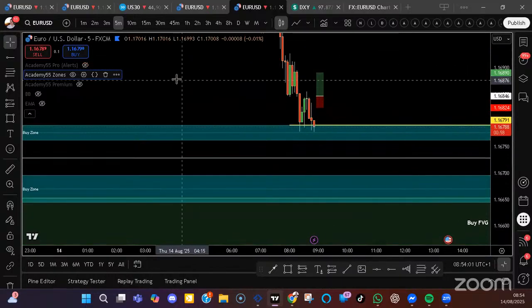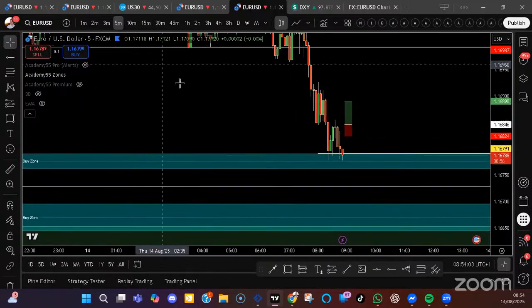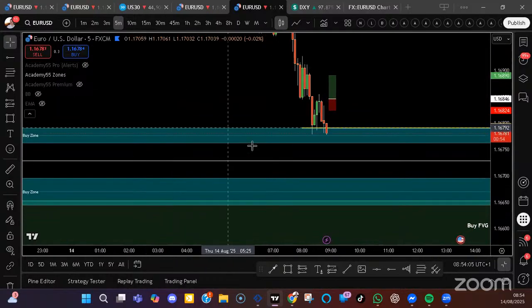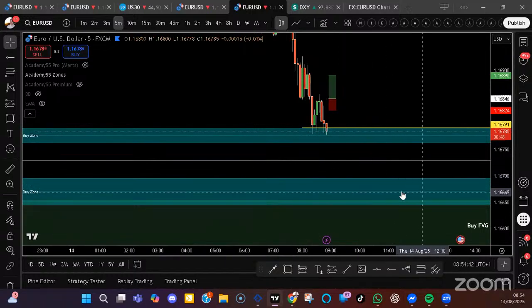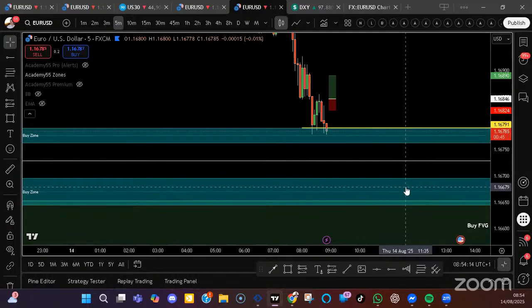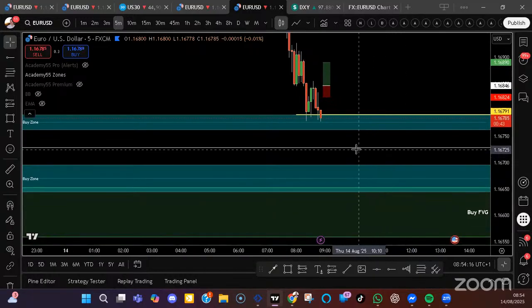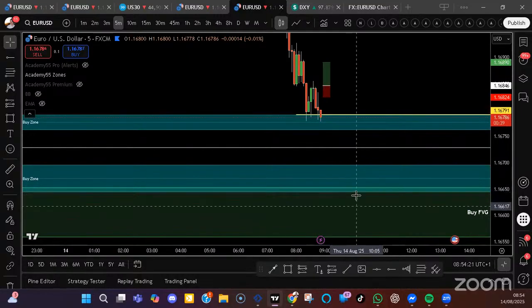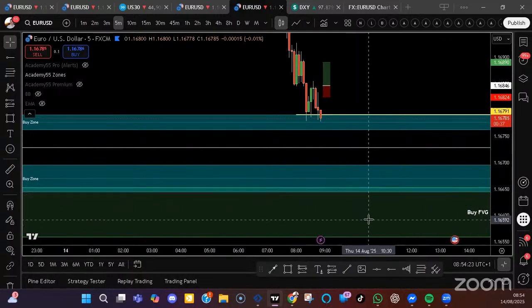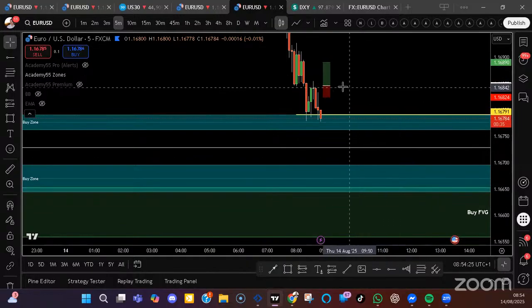That's why the zones didn't appear, because I was on the 10-minute instead of the 5-minute. Or are there more orders here than there are here? Wishing to go down and take these buy orders, maybe? Will it bounce or break off there? Will it tap into the imbalance and then shoot back up again?